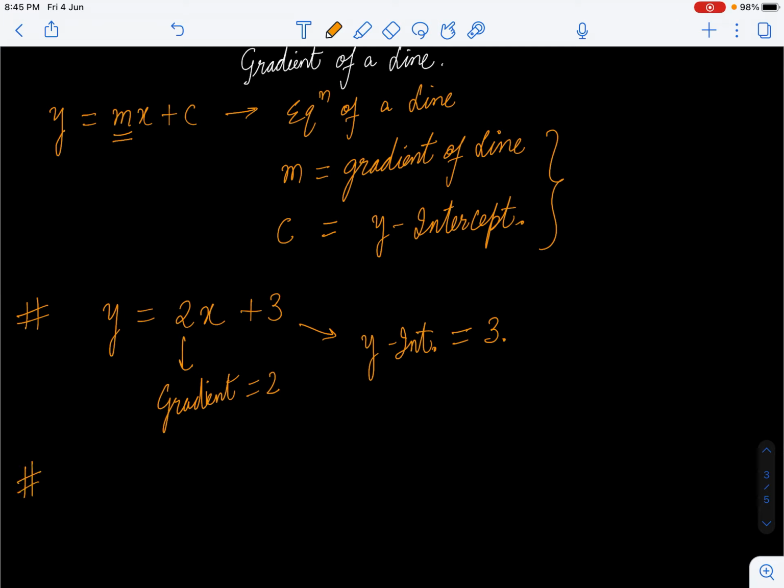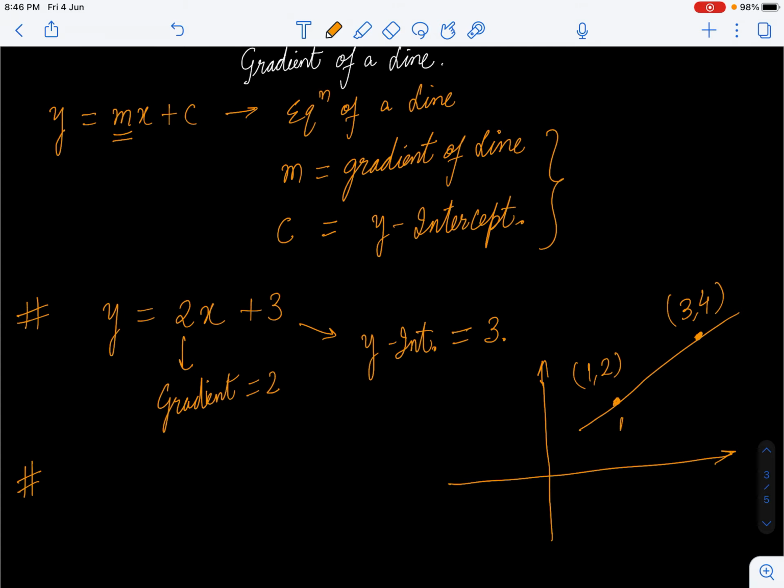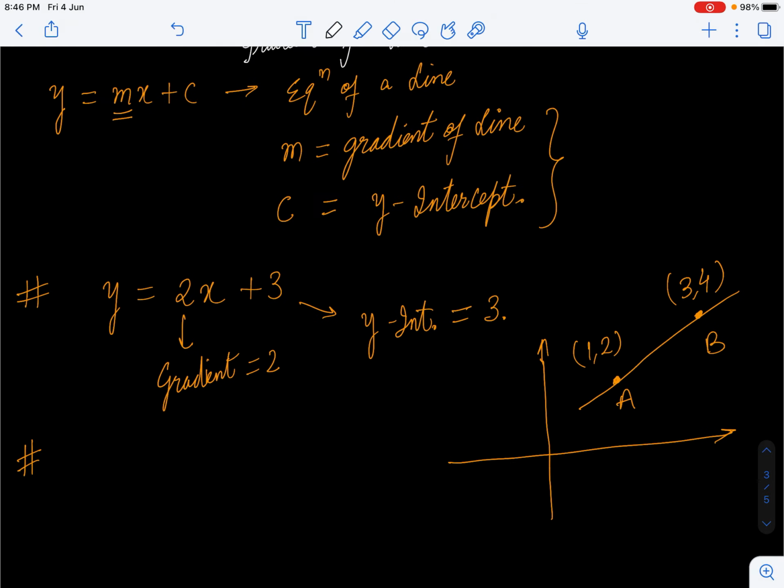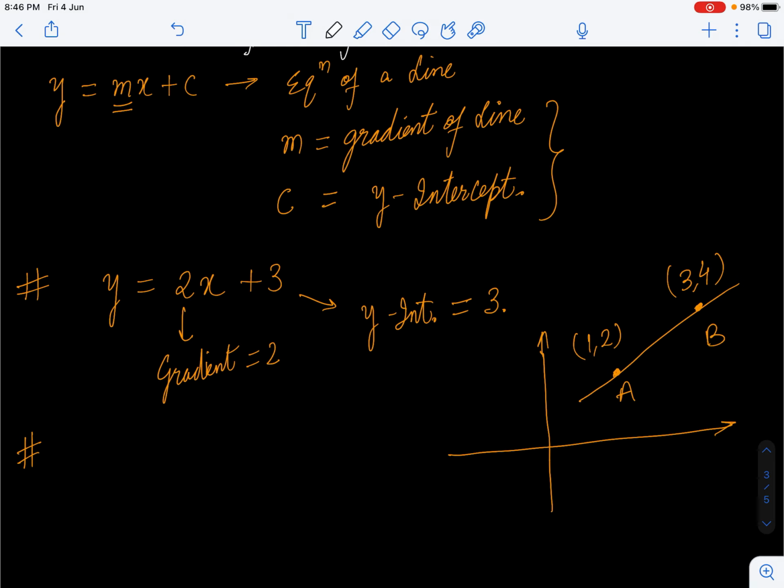Now they can give you this question in a slightly different form also. Sometimes, instead of giving the straight line directly, they will give you 2 points. Let's take this point as 1 comma 2, call it A, and this point as 3 comma 4, call it B. Now you have 2 points A and B, and they will say find the gradient of this line.